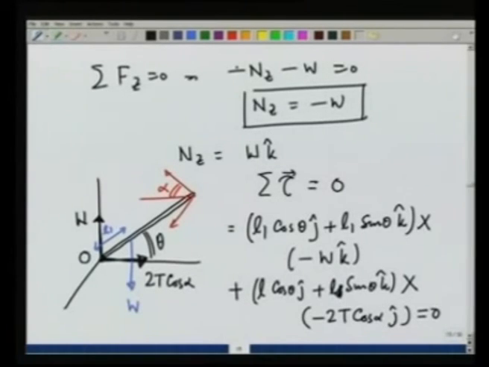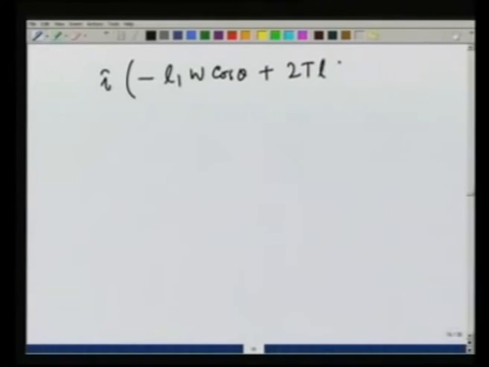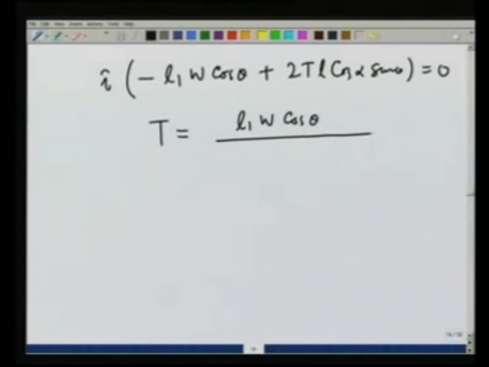So, it gives me plus 2T L cosine alpha sine theta. This is also in i direction, and this is equal to 0, and that gives me T is equal to L1 W cosine theta divided by 2L cosine alpha sine of theta.